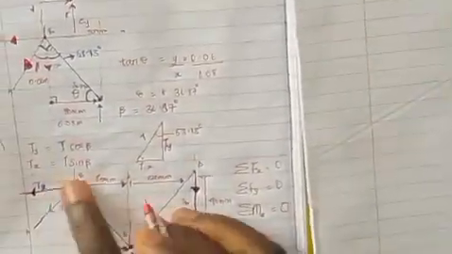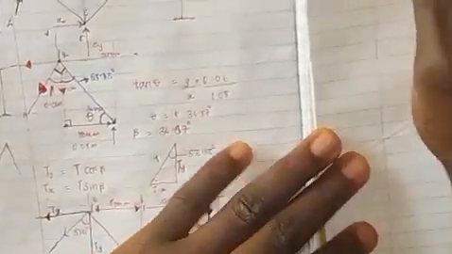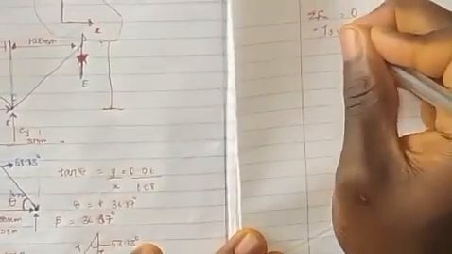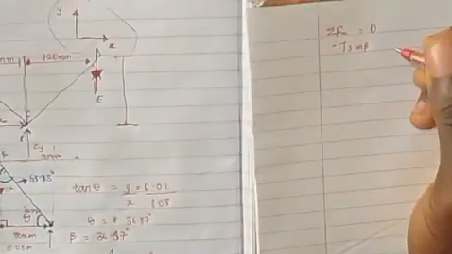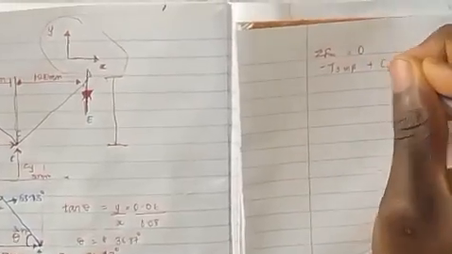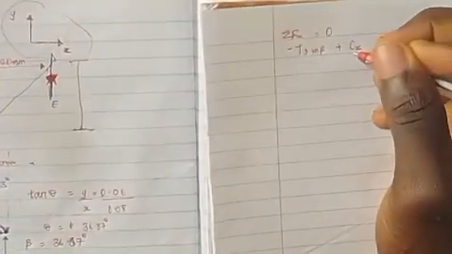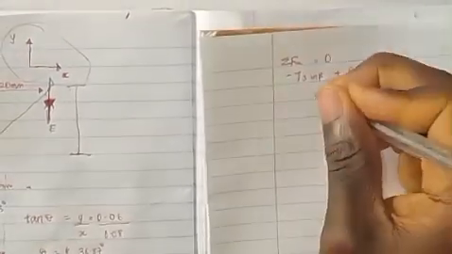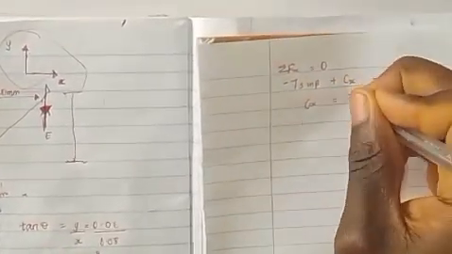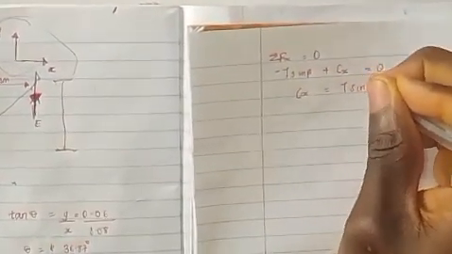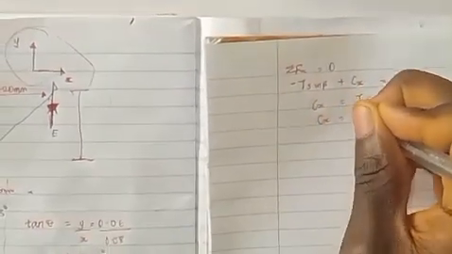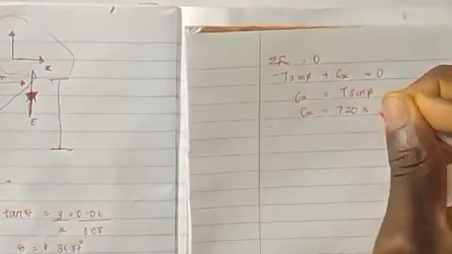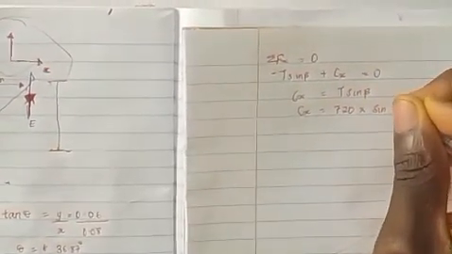This Tx is going in the opposite direction, so it will be minus T sine beta. Then your Cx, plus Cx. Don't forget we are not having any other Tx in this direction, so it is equal to 0. So that means our Cx is equal to T sine beta. So our Cx is equal to 720 times sine. Your beta is what?